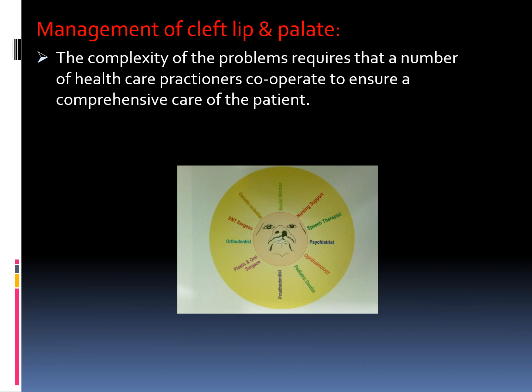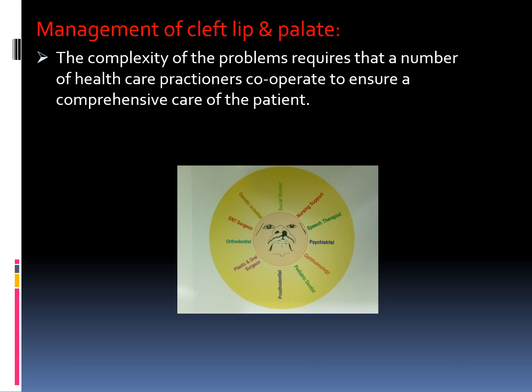Now, moving on, how do you manage a patient with cleft lip and palate? As you just saw, there is a complexity of problems, so many things have to be addressed. It is not only an orthodontist's job or a prosthodontist's job or a pedodontist's job.